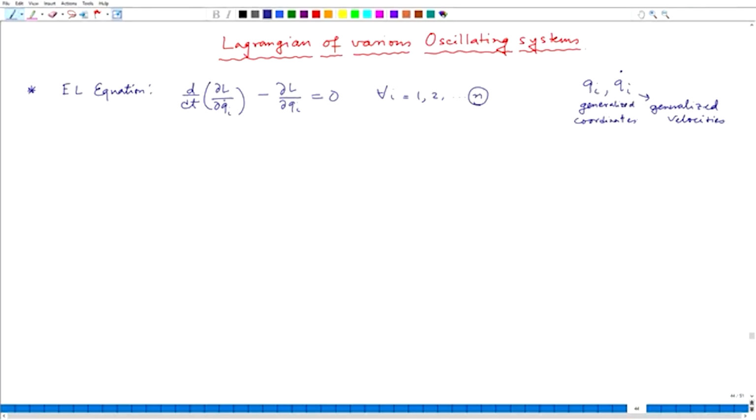Then we said that Lagrangian in general can be a function of q_i, q_i dot and t. We discussed in the previous lectures many interesting properties of this equation, but the most important properties were the cyclic coordinates and the conservation of conjugate momentum.